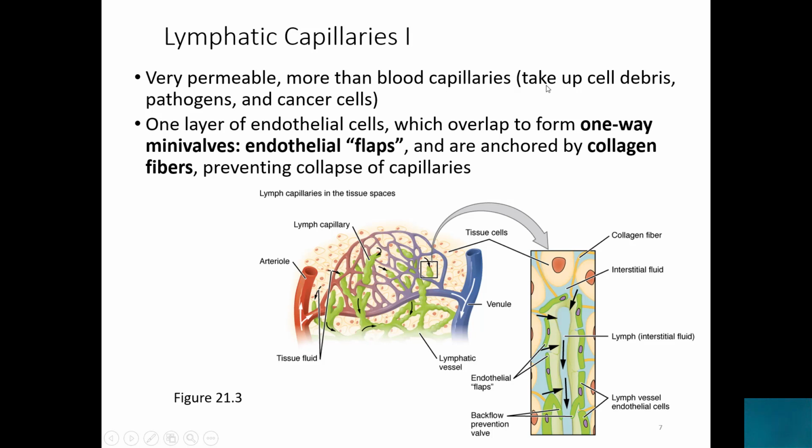Together with fluid, cell debris, pathogens, different types of bacteria, viruses, and cancer cells go into lymphatic capillaries too. So they clean that space between the cells. Every capillary, and that is the end of lymphatic vessel, is right here.